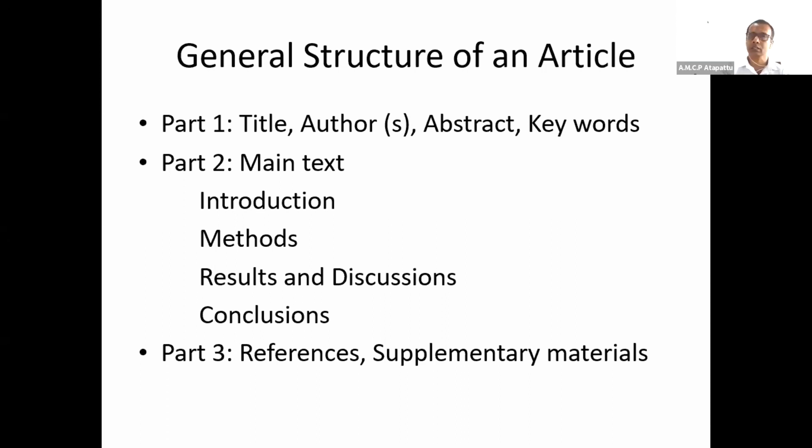Part two of the article is the main text. It consists of the introduction, which includes the literature review as well, then methods, that's your research methodology, then results and discussions. Whatever analytical techniques you are applying, based on those you take the results and interpret them. Those results can be linked with the previous discussion, and then your conclusion.